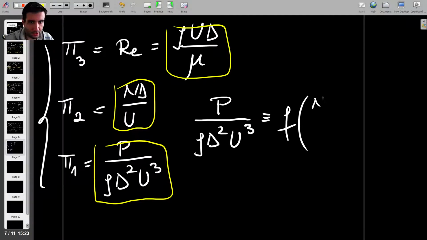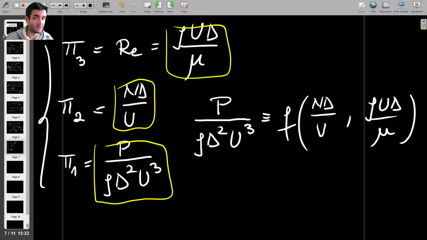And the other two are nD over U, as well as rho U D over mu. So we don't know what the function is. That's not what the Buckingham pi theorem tells us. How exactly does it depend on those two variables? We don't know that. We know it depends on them in their non-dimensional form.